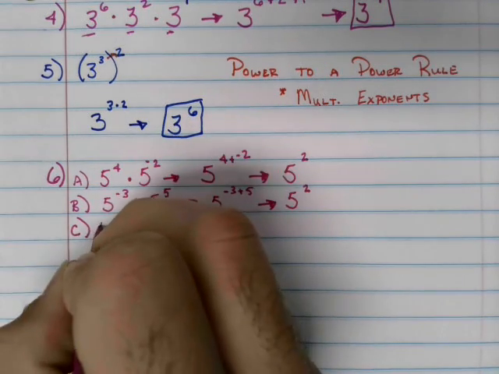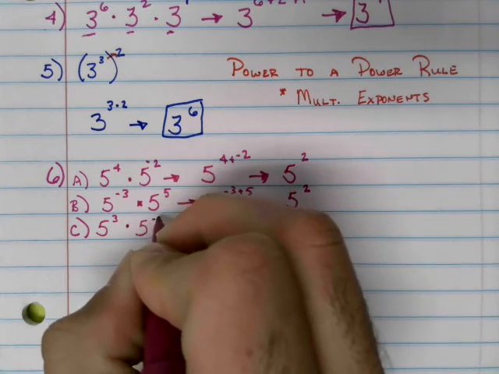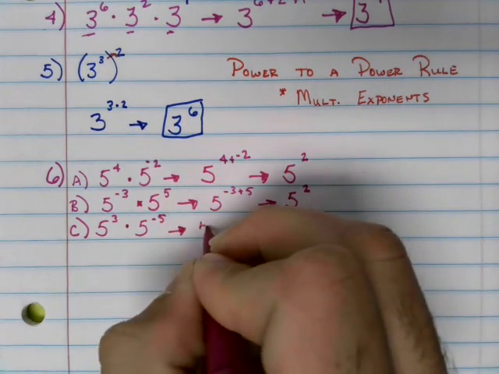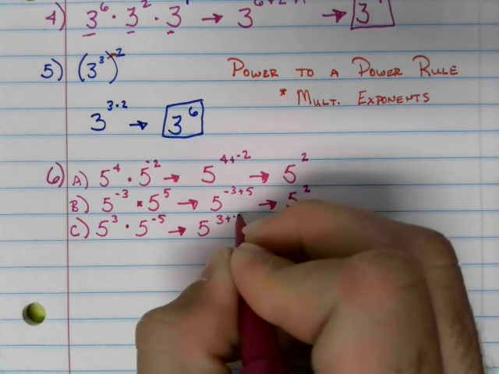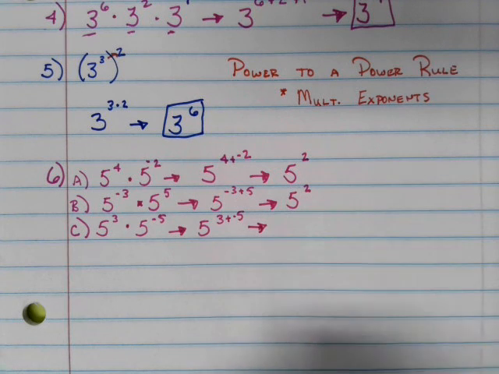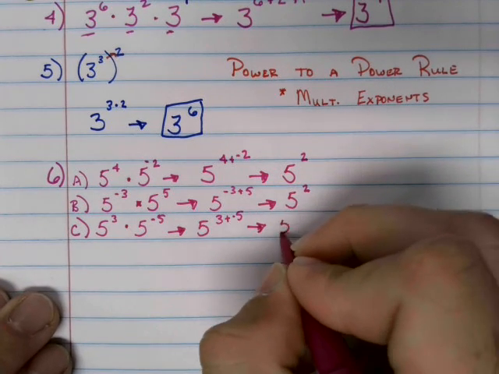C is our product rule, which would be 5 to the 3rd times 5 to the negative 5th. This is going to be 5 to the 3 plus negative 5. What's 3 plus negative 5? It's kind of like if you owe somebody $5 and you pay them 3. What do you owe them? You owe them $2, it would be negative 2.